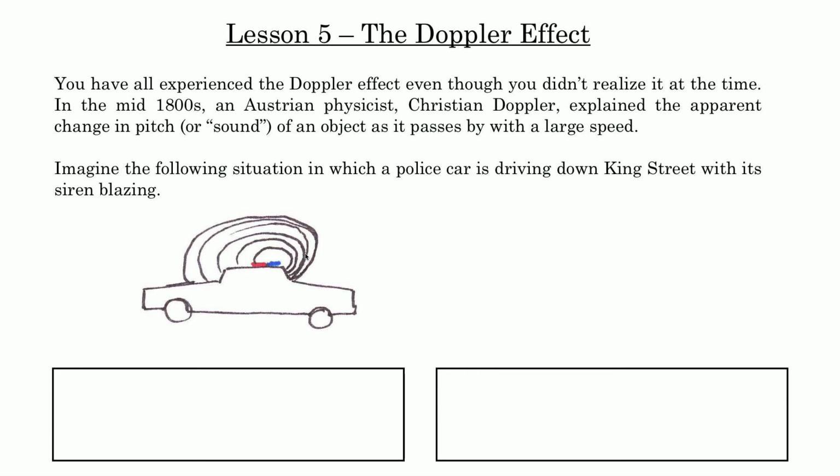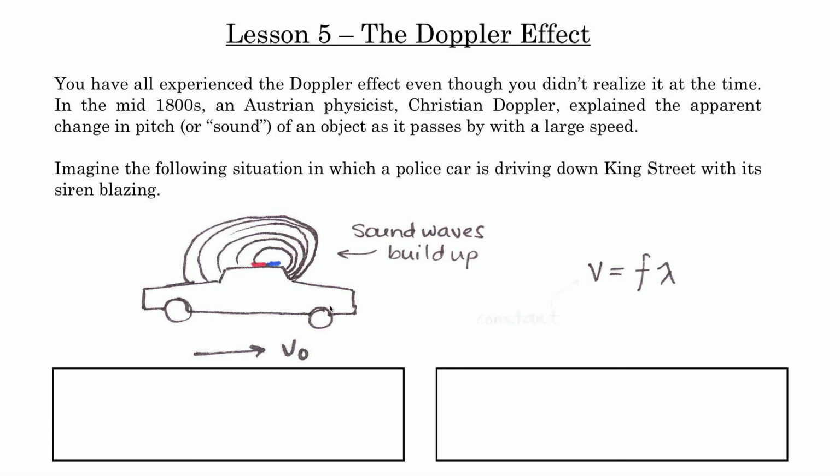So maybe this diagram's a little bit exaggerated, but in essence, this is what happens when this is moving in this direction. And what we end up seeing is a buildup of sound waves, and this does something to the wavelength of these sound waves. We know that v is equal to f lambda, so the speed of sound is going to remain constant.